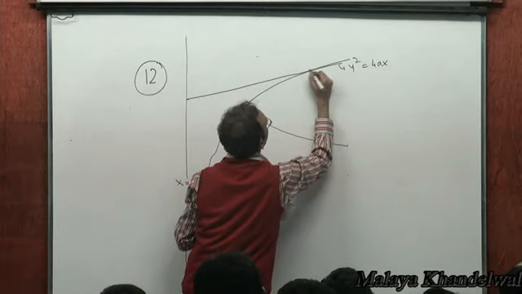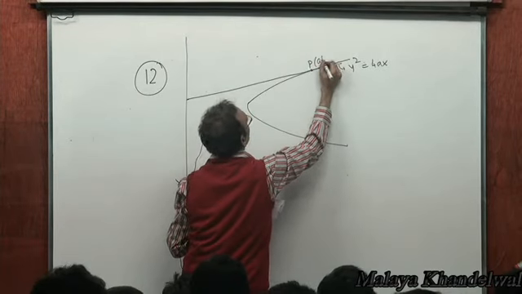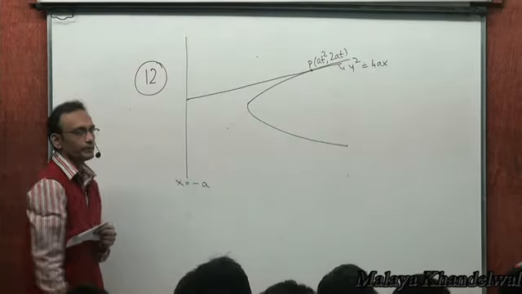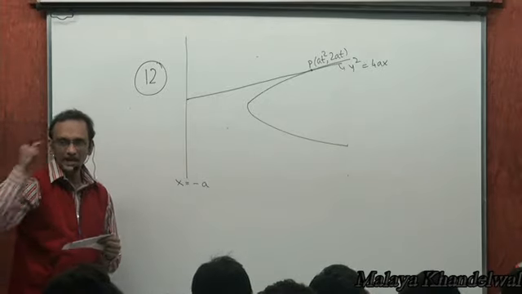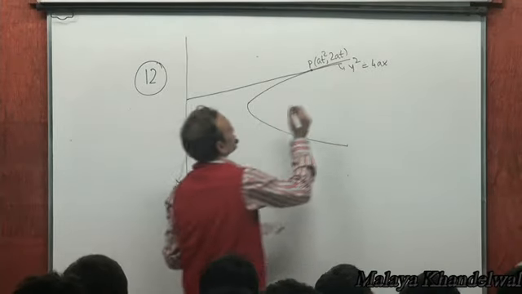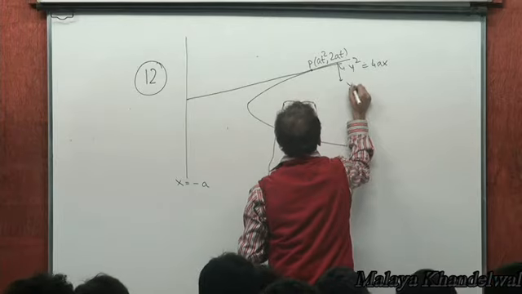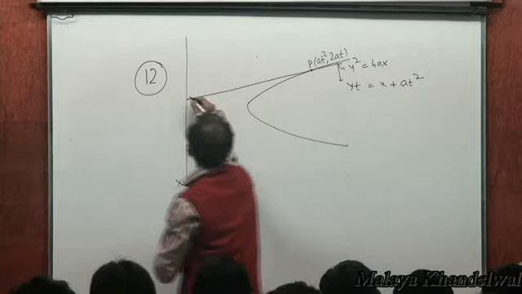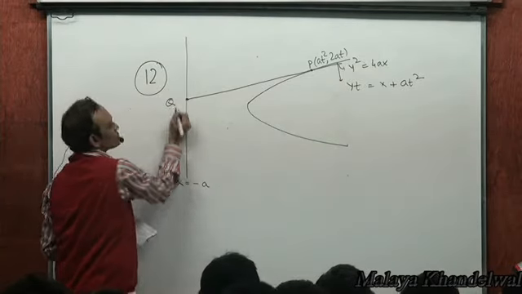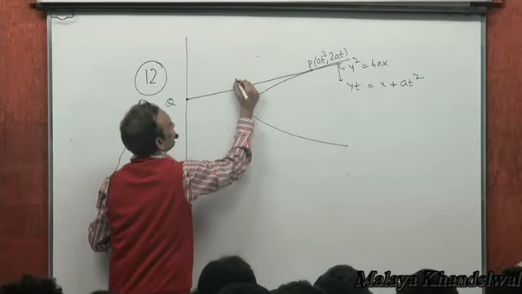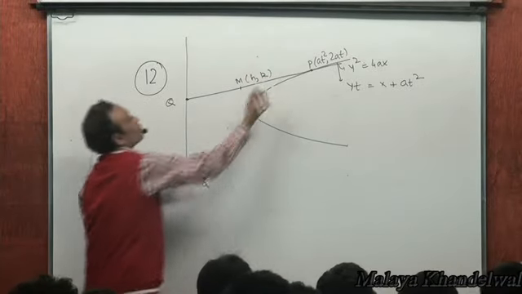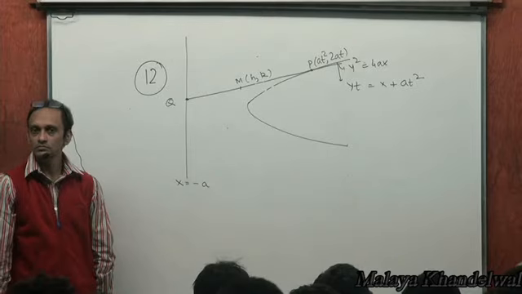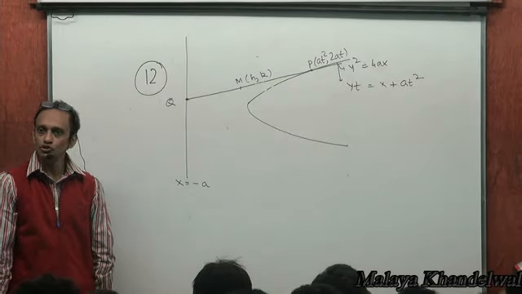This is a variable tangent drawn at P. For different P's, you will get different tangents. The equation of the variable tangent is yt is x plus at squared. Different tangents will intersect the directrix at different Q's, and therefore will have different midpoints. We want to find the locus of M, the midpoint of PQ of all the tangents. That's what we are seeking to do here.